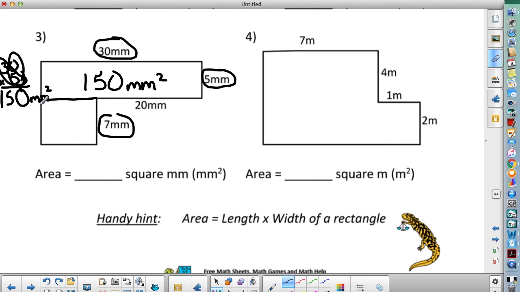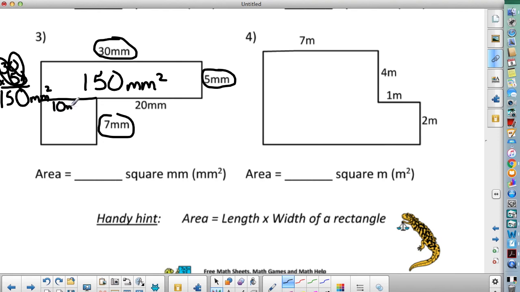We're going to take a look at what we already know. Let's take a look at all the way at the top. We know all the way at the top is 30 millimeters. And from there to there is only 20 millimeters. So we need to figure out 20 plus something gives me 30 millimeters. 20 millimeters plus 10 millimeters gives me 30 millimeters.